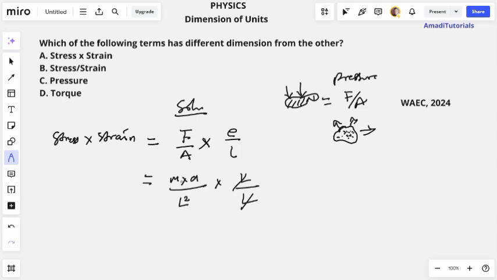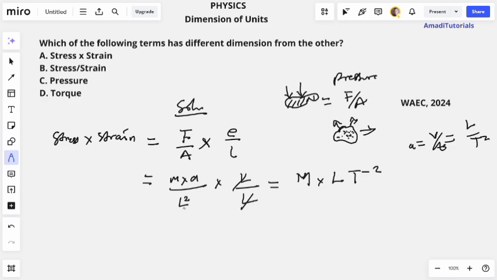What is left is mass times acceleration over L squared, which is stress, that's F over A. The dimensional unit for mass is capital letter M. Acceleration, which is velocity over time, has the dimension of L over T squared, so acceleration is L T raised to minus 2.